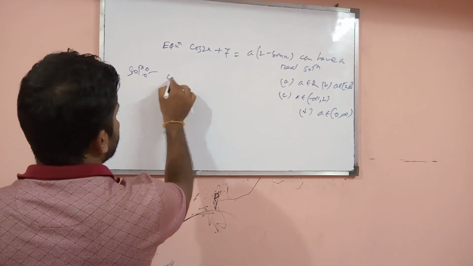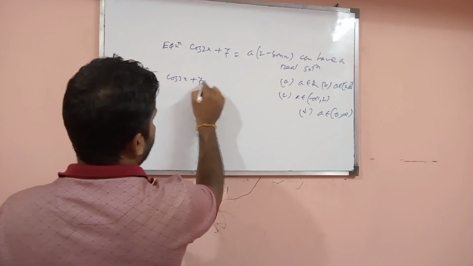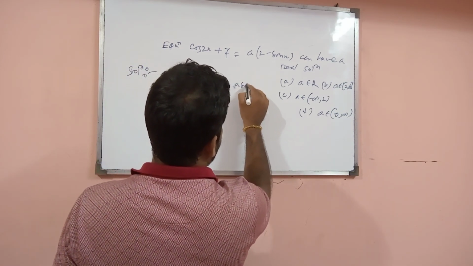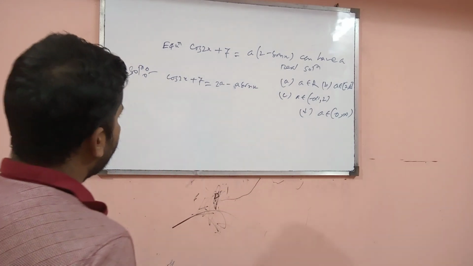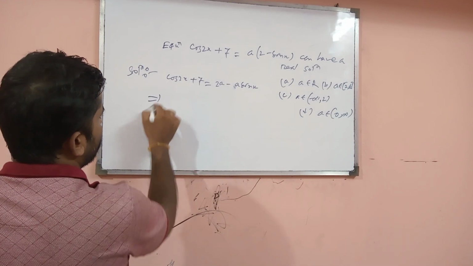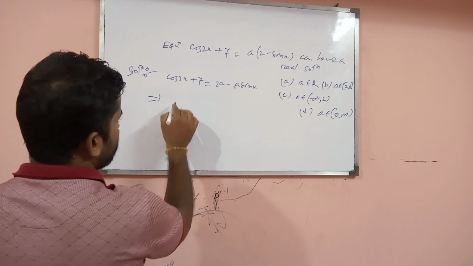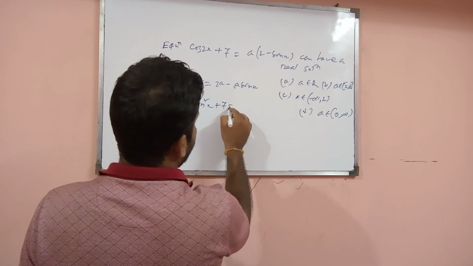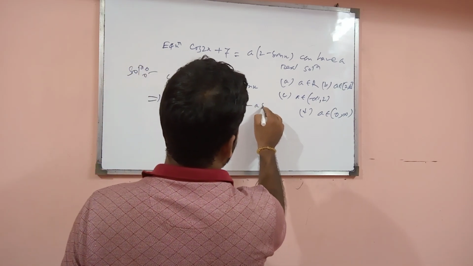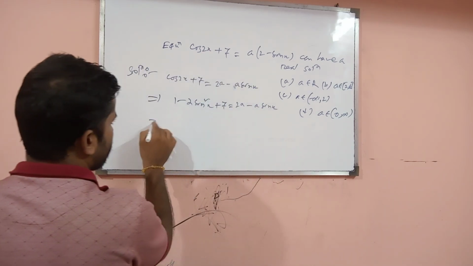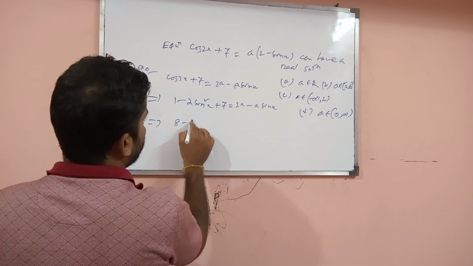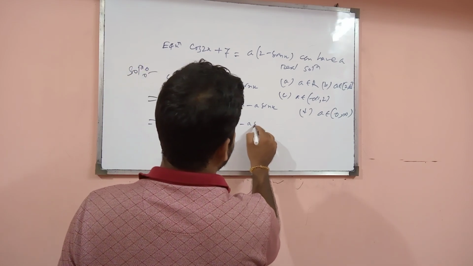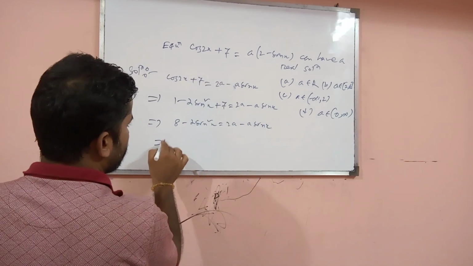Cos twice x plus 7 is equal to twice a minus a sine x. Cos twice x can be written as 1 minus 2 sine square x, plus 7 is equal to twice a minus a sine x. So it is 8 minus 2 sine square x is equal to twice a minus a sine x.